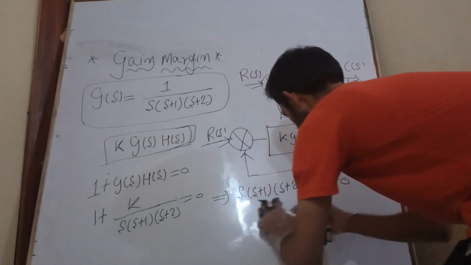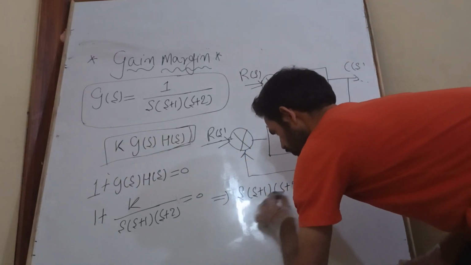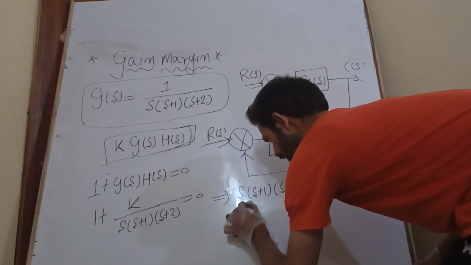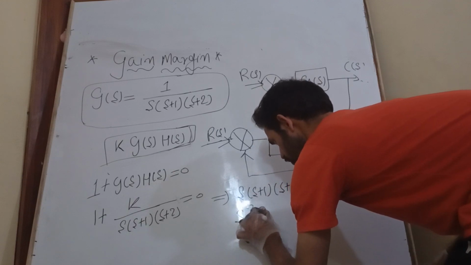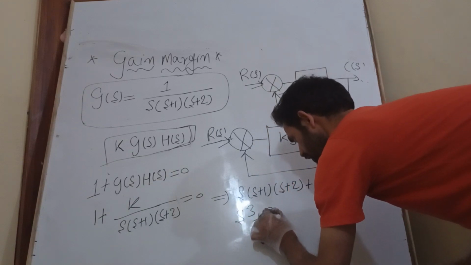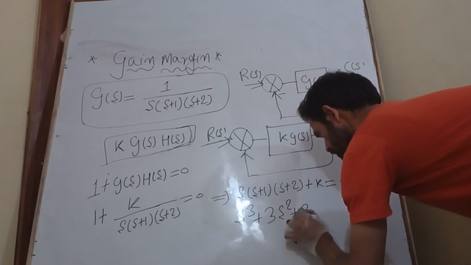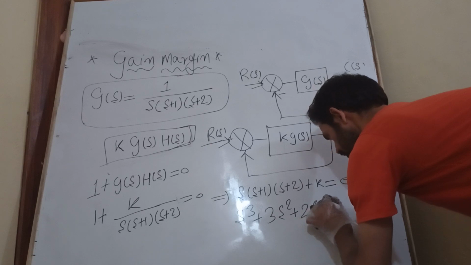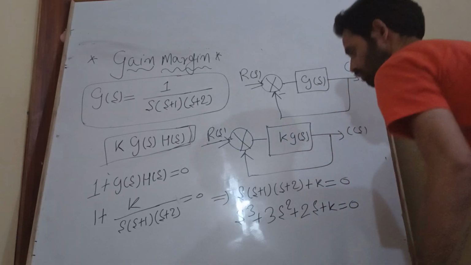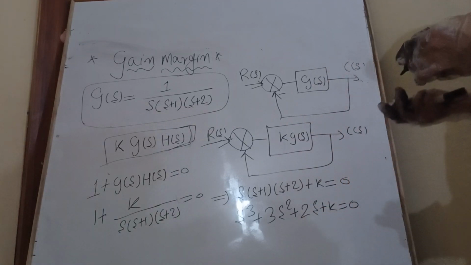Now just multiply this out. Opening this, it becomes s cube plus 3s square plus 2s plus k is equal to 0.